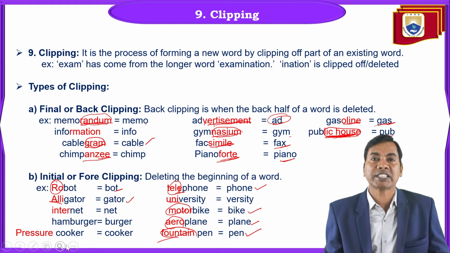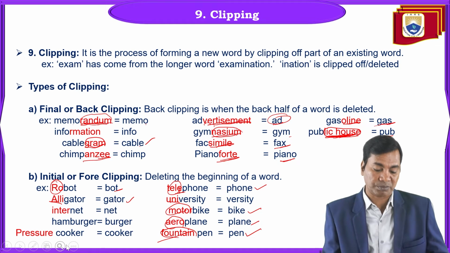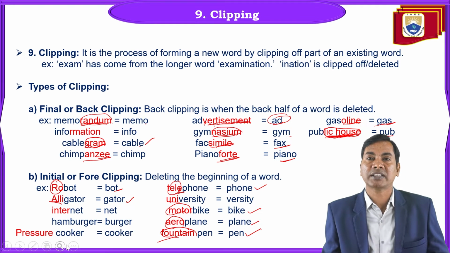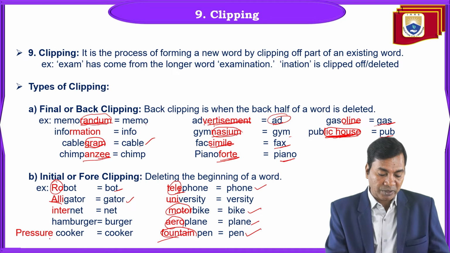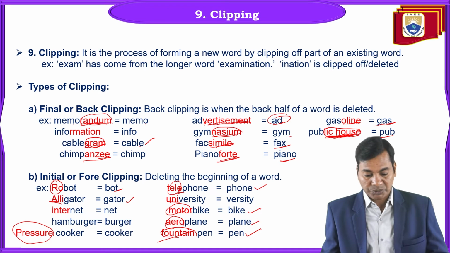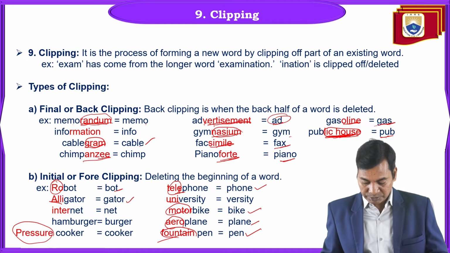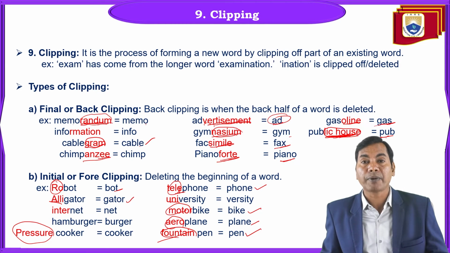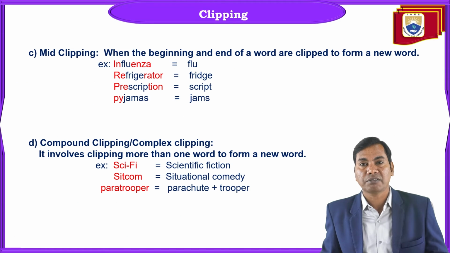Pressure cooker, no one says pressure cooker now, everyone says cooker, but the full word of that utensil is pressure cooker. And we got cooker by using initial clipping. I removed pressure from the pressure cooker and I got cooker, right? So these are the examples for the second type of clipping, which is initial clipping or fore clipping.